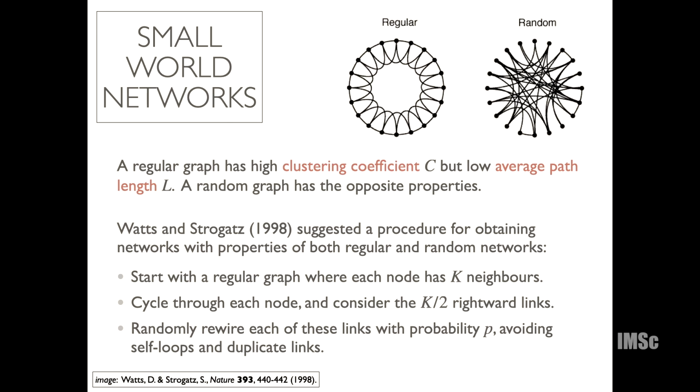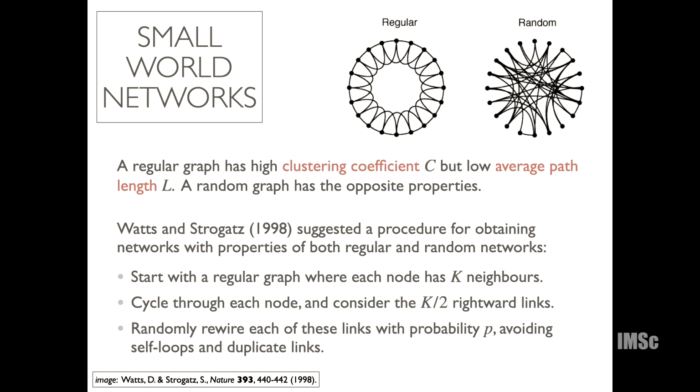So basically what Watts and Strogatz did is they said that, clearly, in reality you would see networks have a kind of combination of both. A clustering coefficient that is on the higher side and an average path length that's on the lower side, right? So how does one arrive at this? They suggested the following procedure.